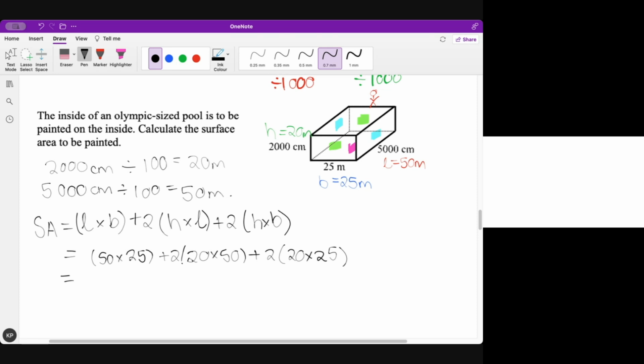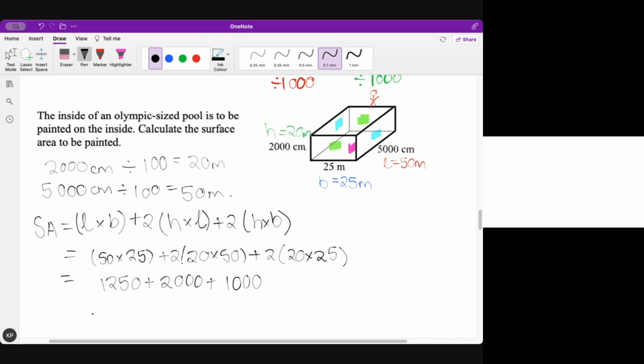Plus, what's 2 times 20 times 50? I got 2,000. Plus the last one, what's 2 times 25 times 20? 20 times 25 times 2 is 1,000.